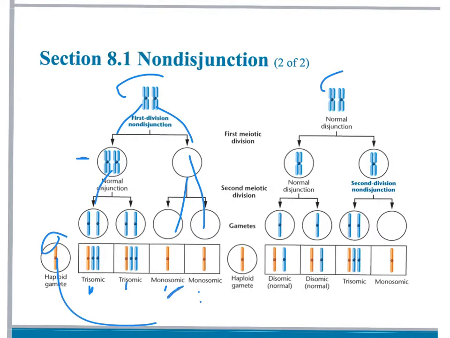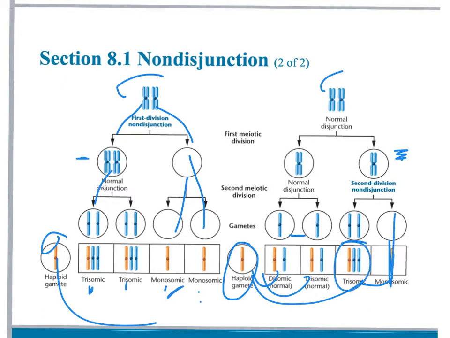When the non-disjunction happens further down, in meiosis 2, you get normal disjunction here and here, and you see this haploid gamete pairing up across the board. But you get the monosomy right here, and that's not consistent with life, and the trisomy here.